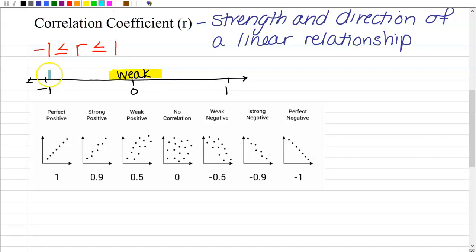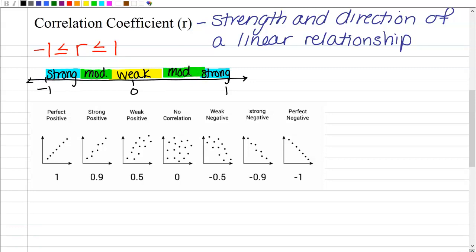If the values of R are close to -1 or 1, we say those values represent a strong correlation. And last but not least, if the values are somewhere between 0 and -1, 0 and 1, just kind of in the middle, we say those values represent a moderate correlation.